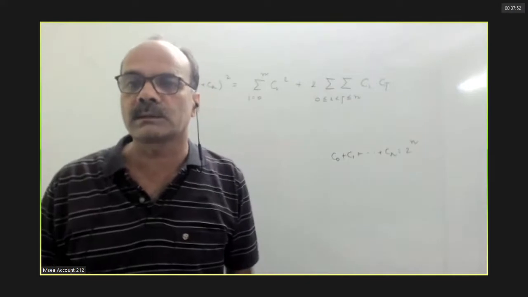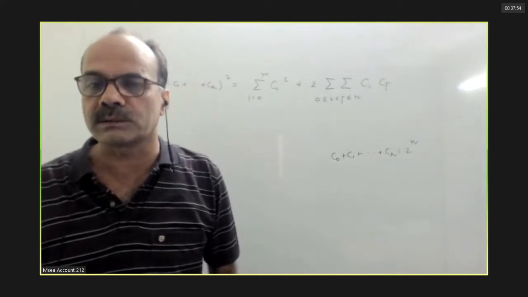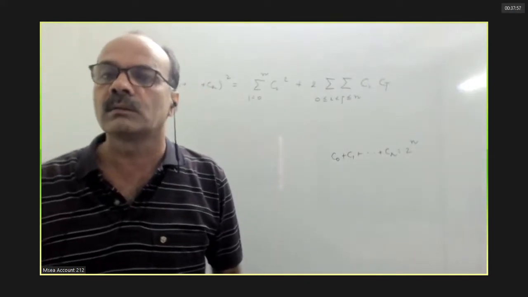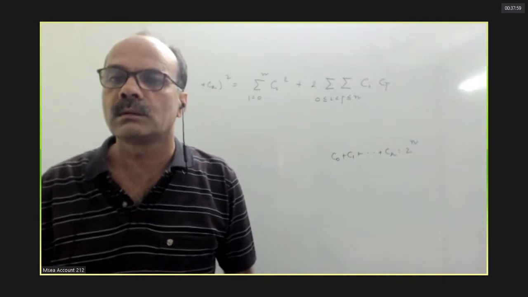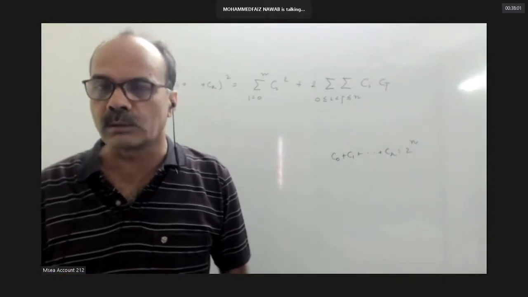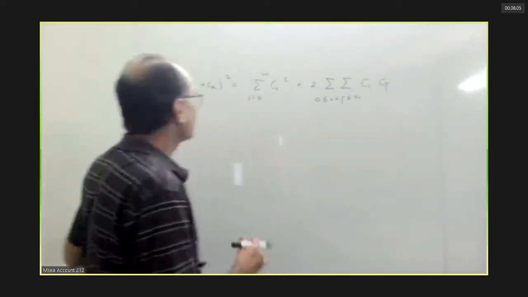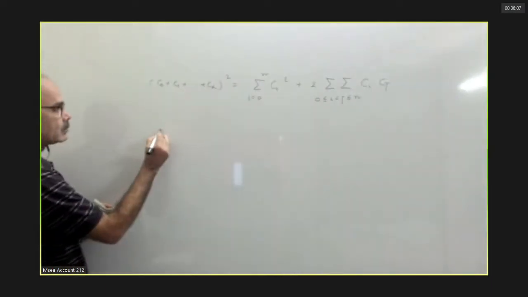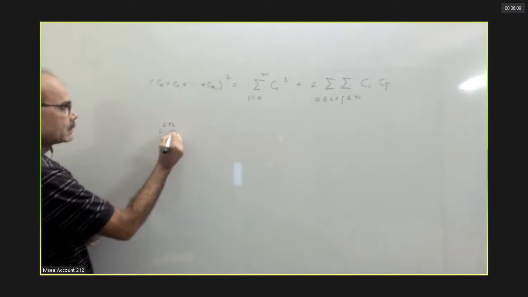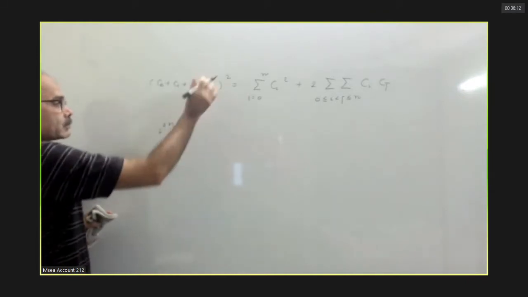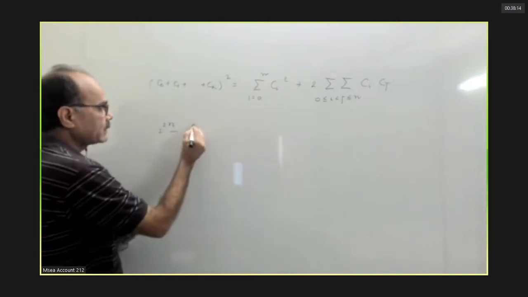What is that value? 2nCn. Correct. So this will be 2 to the power 2n minus 2nCn.